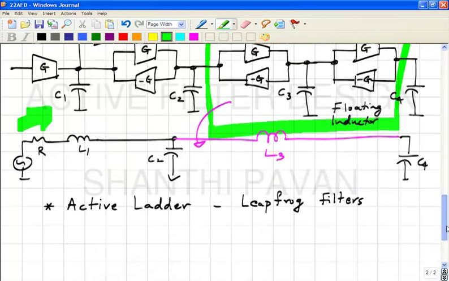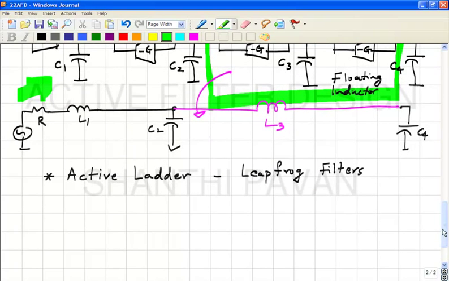All right. So, the active ladder or the leapfrog filter is a way of emulating the same equations that one has in a passive network, thereby hoping to inherit the low sensitivity properties of the passive ladder. And ladder filters are rather more messy to debug or test.